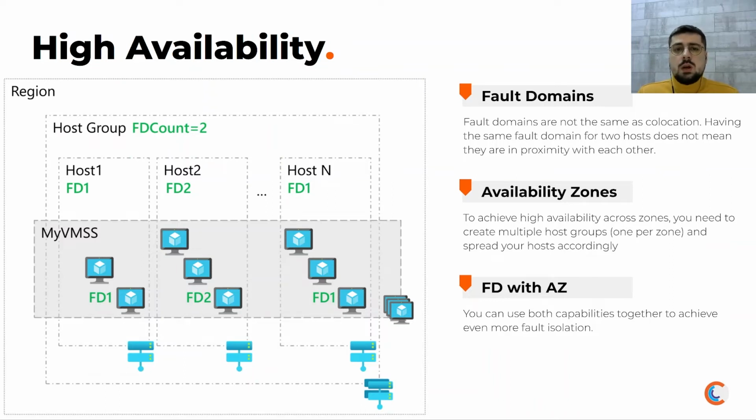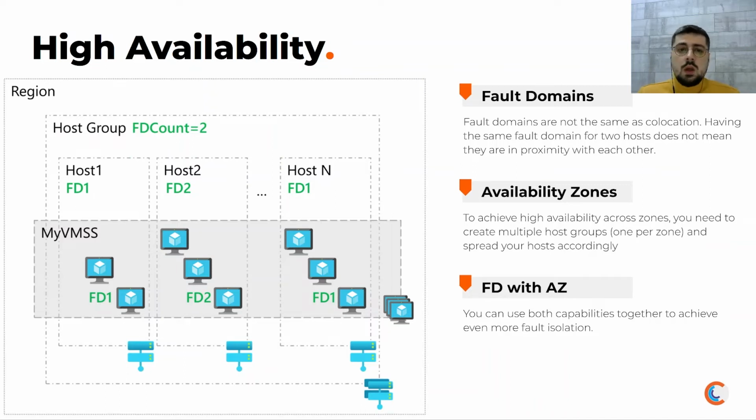Each zone is made up of one or more data centers equipped with independent power, cooling, and networking. A host group is created in a single availability zone, and once created, all hosts will be placed within that zone. To achieve high availability across zones, you need to create multiple host groups, one per zone, to spread your hosts accordingly.